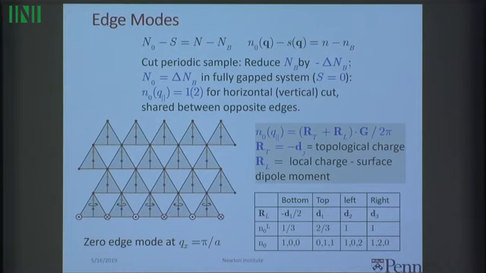Then I can take this formula, which followed from what we had earlier, calculate it, and get the number of zero modes for each value of the RT. You can see on the bottom surface, I have 1 if I have RT equal to D1, and 0 if it's D2 or D3, et cetera. So you can just go through the arithmetic and find the number of zero modes on a given side.